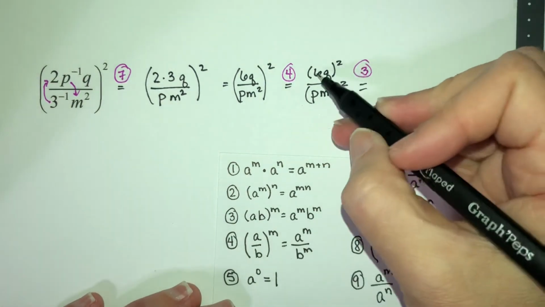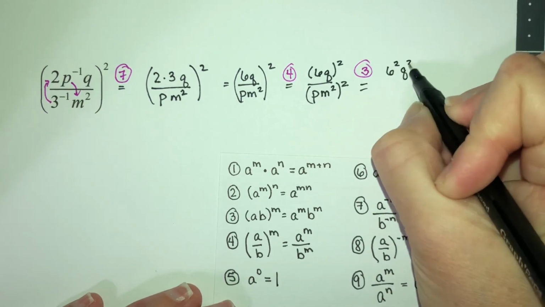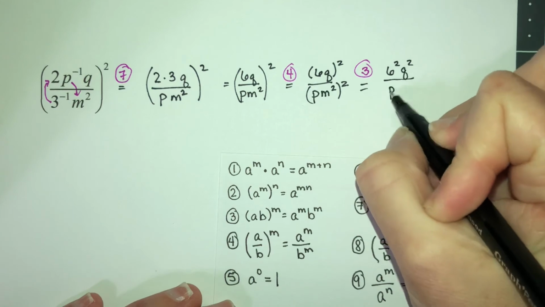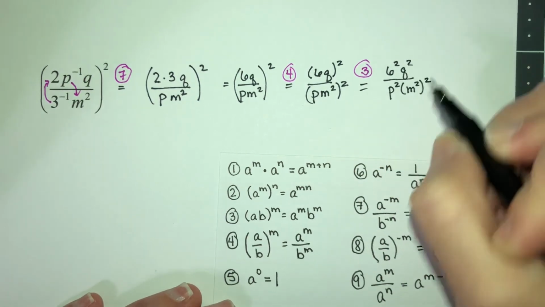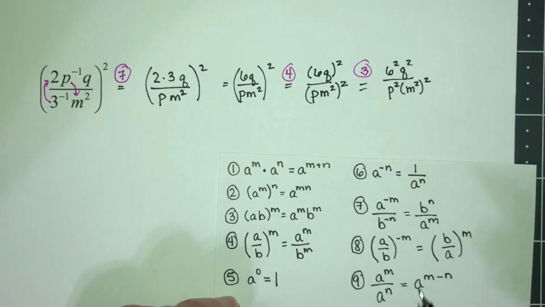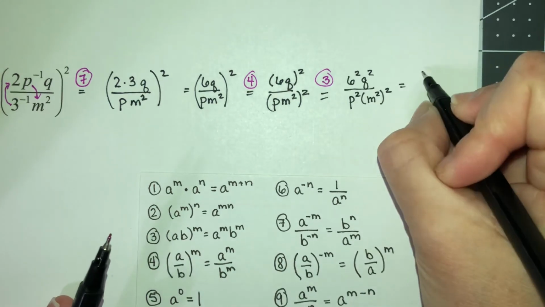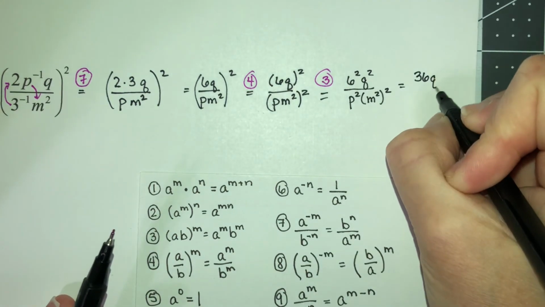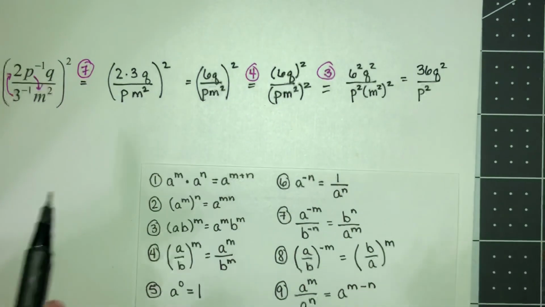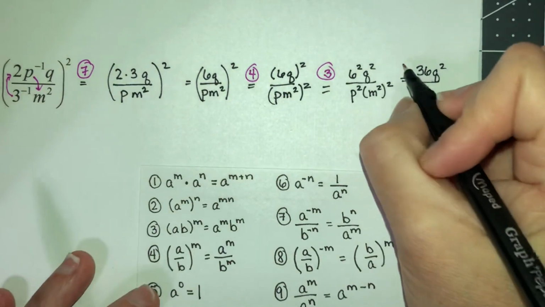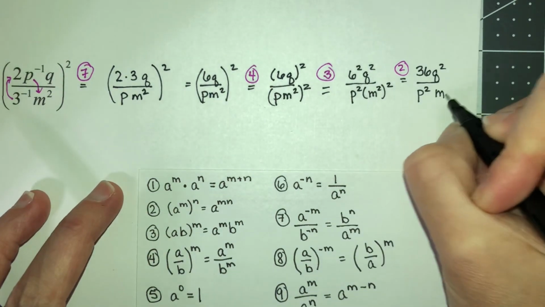So I take this 2 and apply it to each one. So that's 6 squared q squared over p squared m squared squared. And then arithmetic in the top, 6 squared would be 36. Q squared over p squared, and then m squared squared. That's property number 2. Multiply those exponents to get m to the 4th power.